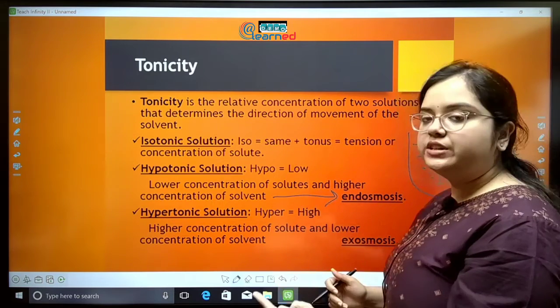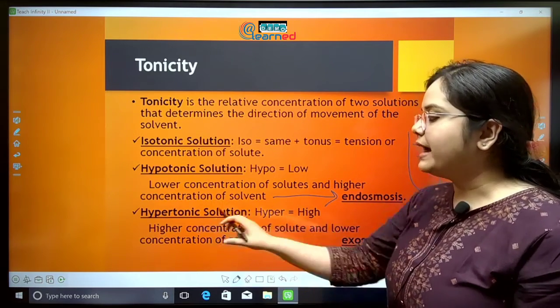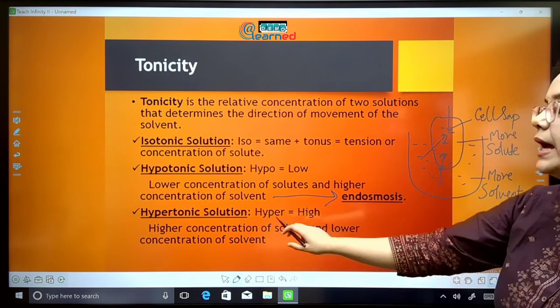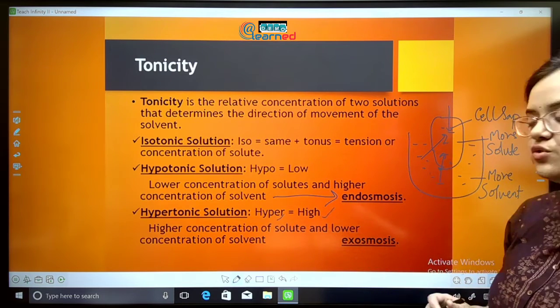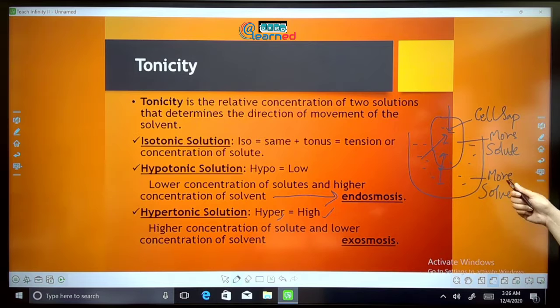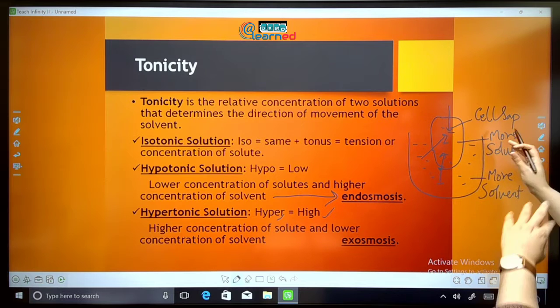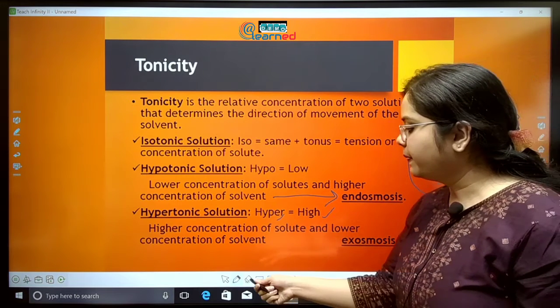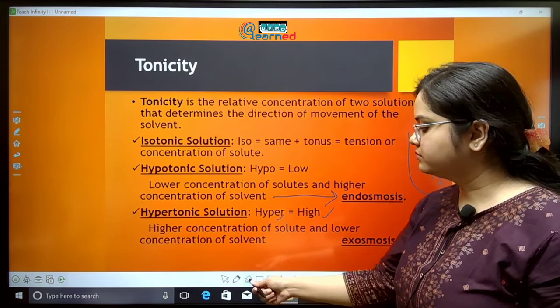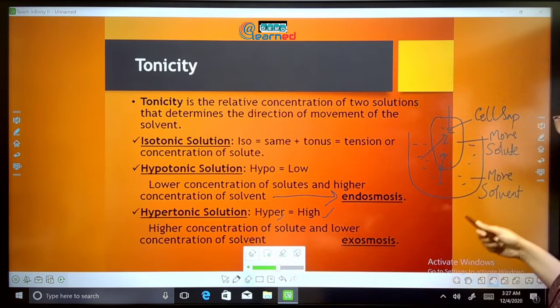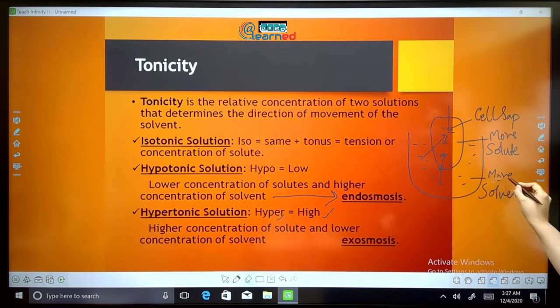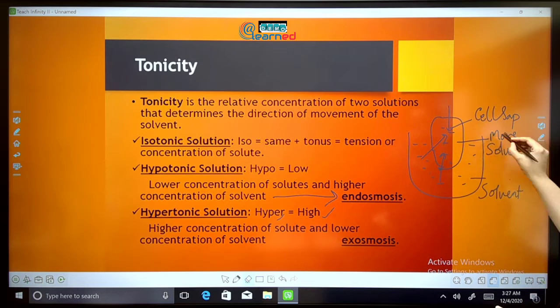And in contradiction to that, hypertonic solution, where hyper means high concentration of solute. Now, here we write high concentration of solute, we will just flip this. Here it will be less solvent, more solute. Wait, let me erase this part also.